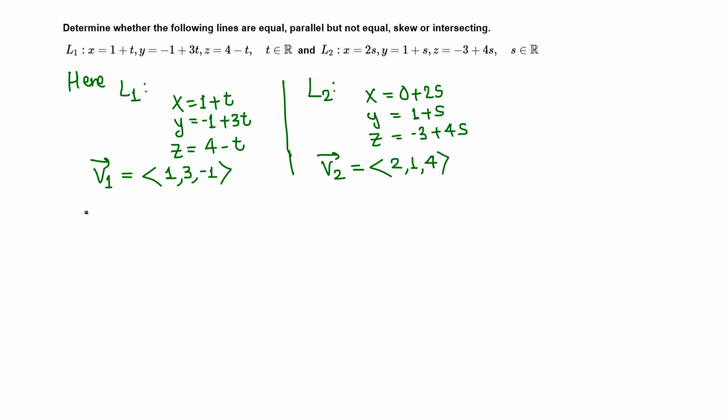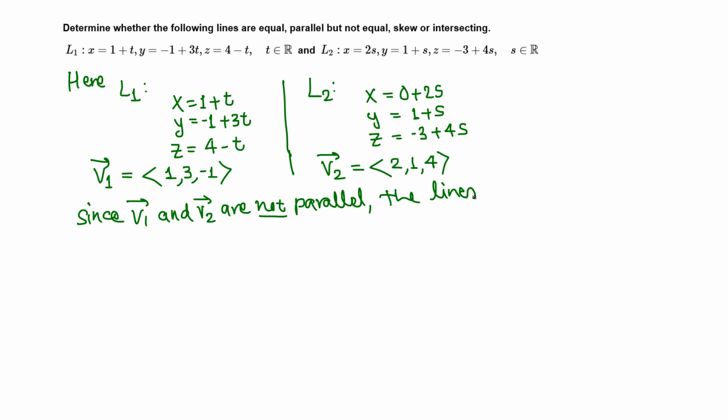Since the direction vectors of the two lines are not parallel, the lines are not parallel and obviously not the same, not equal, so they are either skew or intersecting.